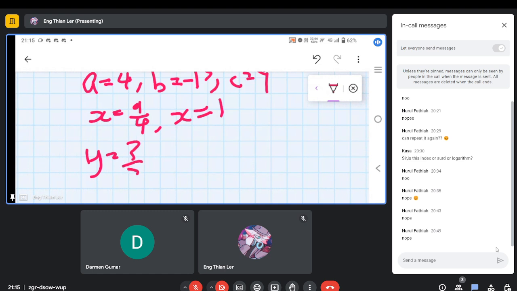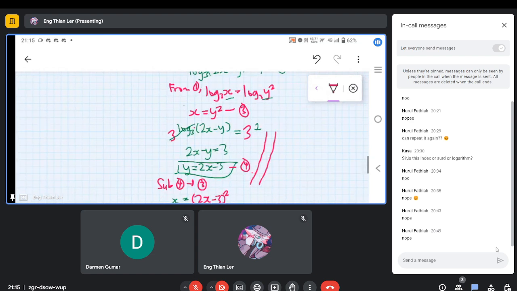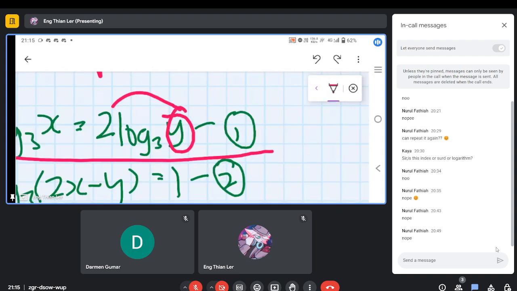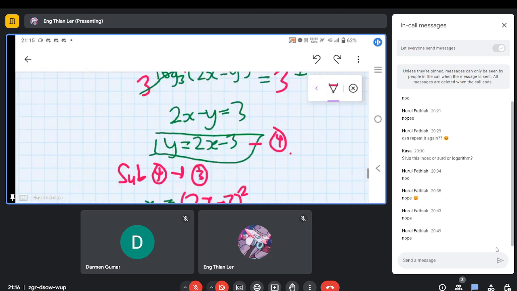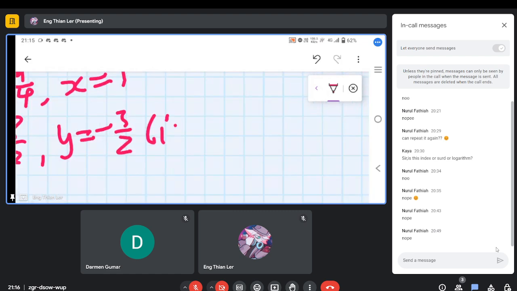So y will be equal to 3 over 2, or y will be equal to negative 3 over 2. Now let's ignore something. From here, y cannot be negative. So the negative 3 over 2 is not accepted, and we will ignore this.